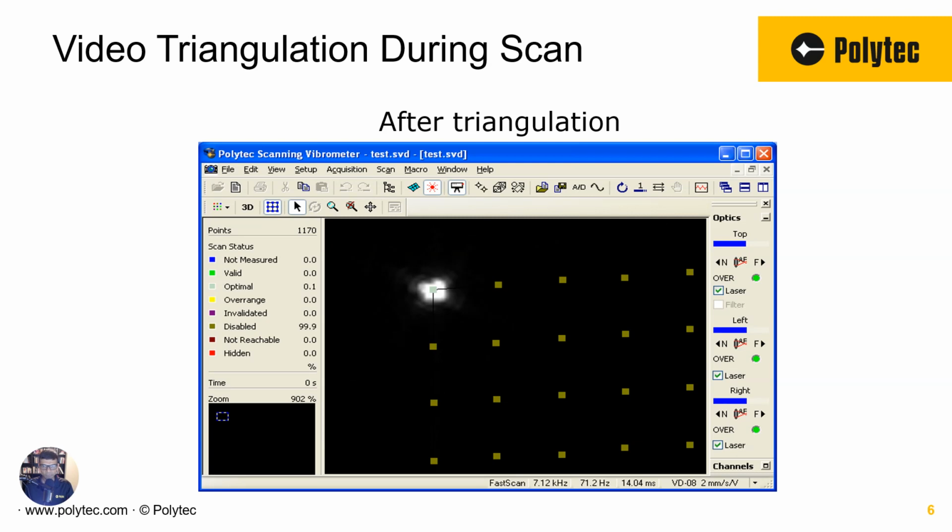So the step would be to activate video triangulation, either do the geometry before or preferably during a scan, because if you do it during the scan, then you can rest assured that when you are actually making the measurement, you are getting the highest possible accuracy in terms of the beam overlap, which would in turn give you the highest possible accurate geometry, which would in turn give you the highest possible out-of-plane and in-plane vibration measurement accuracy, which is the ultimate goal.